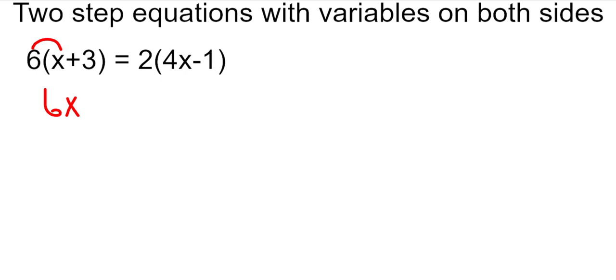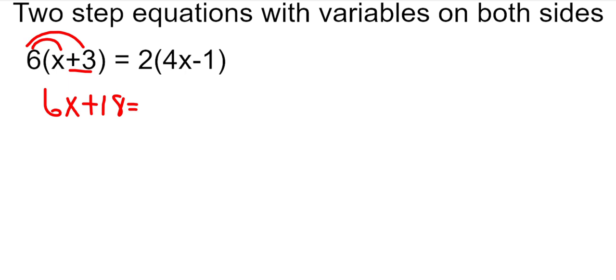Now, I need to distribute to everything inside the parentheses, not just my variable. So I need to take 6 and multiply it times 3, or in this case, a positive 3, if you will. So 6 times that positive 3 is going to give me a positive 18. So I'm going to write plus 18.